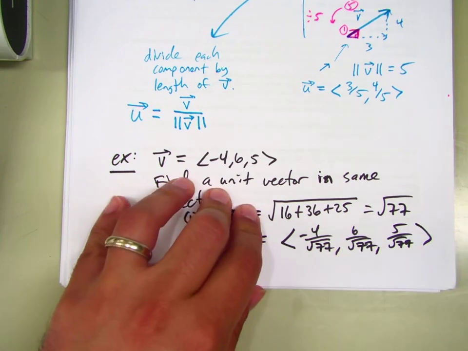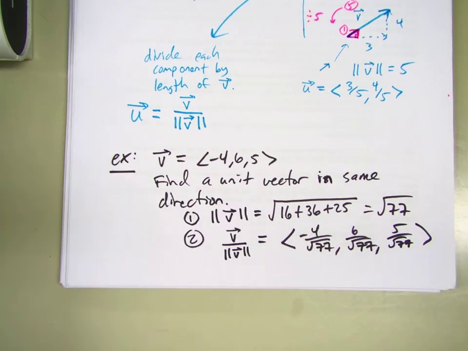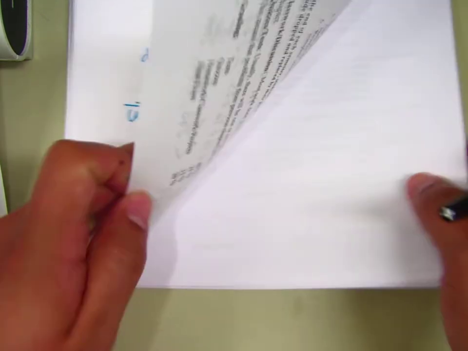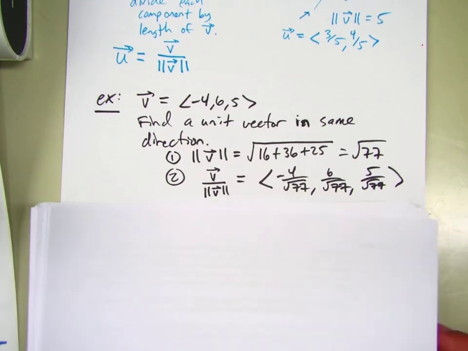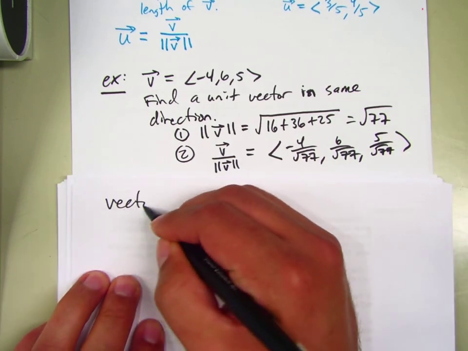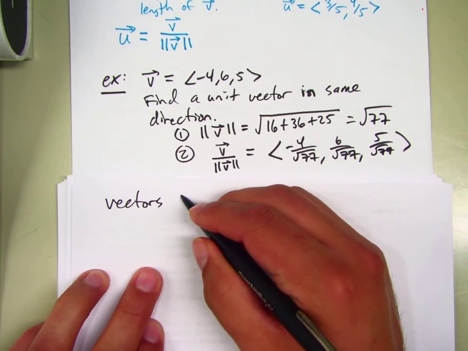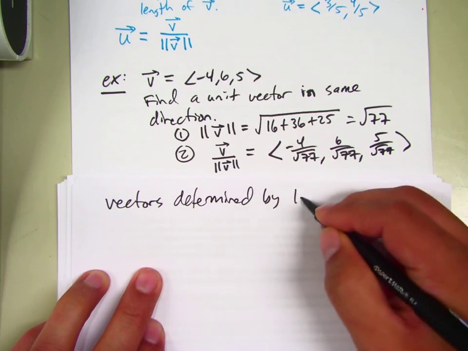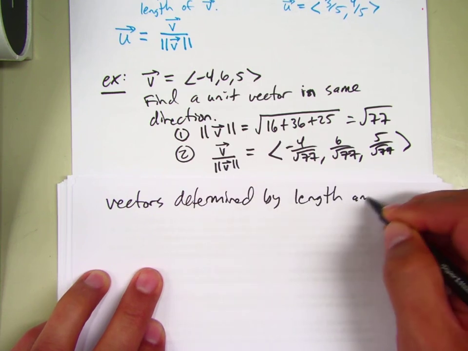Okay? All right. Almost done. Next we have the topic of vectors that are determined by length and an angle.